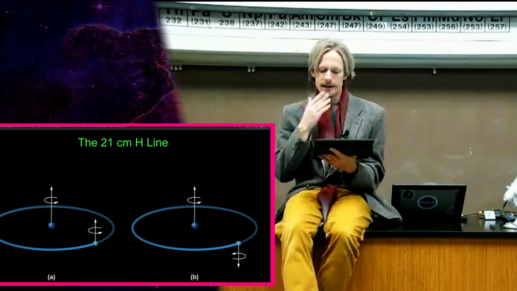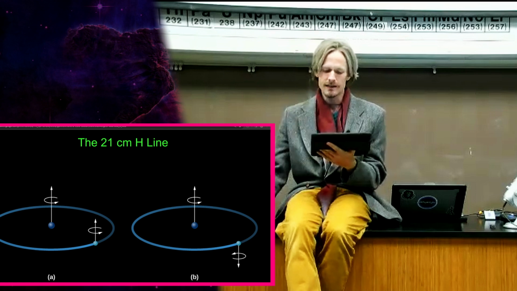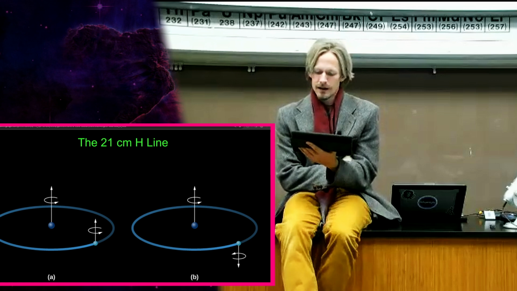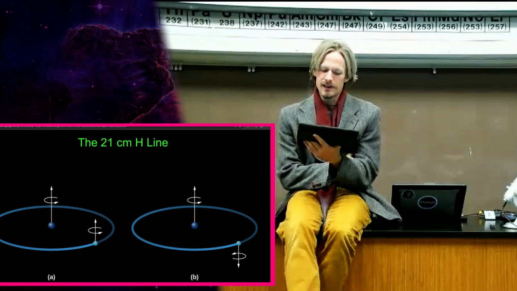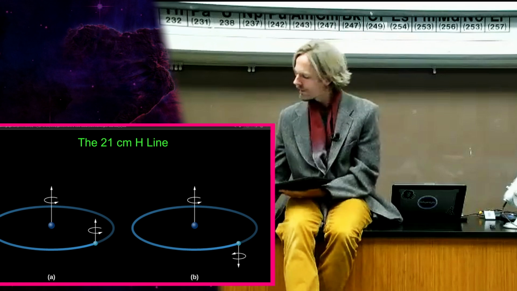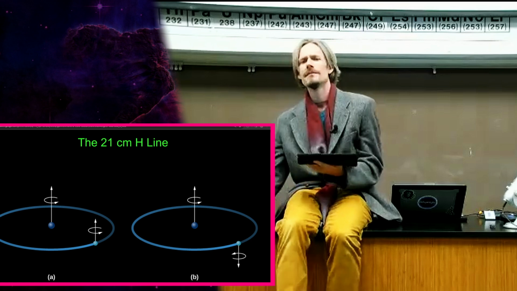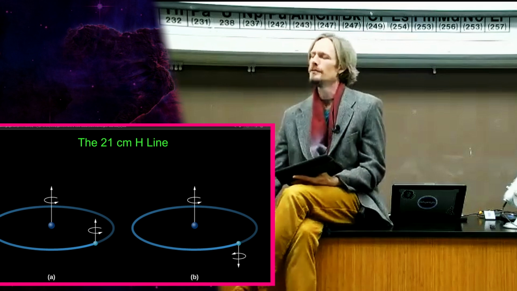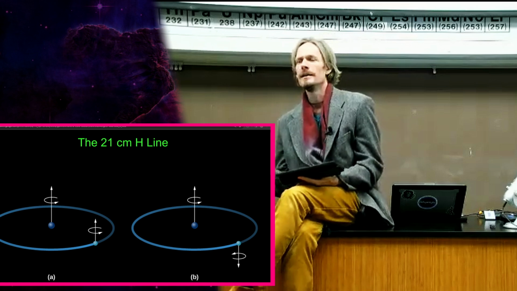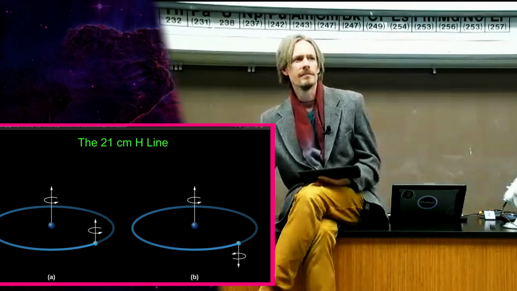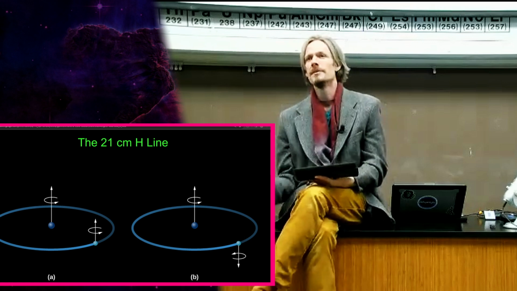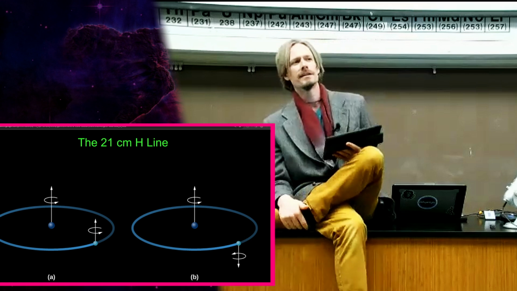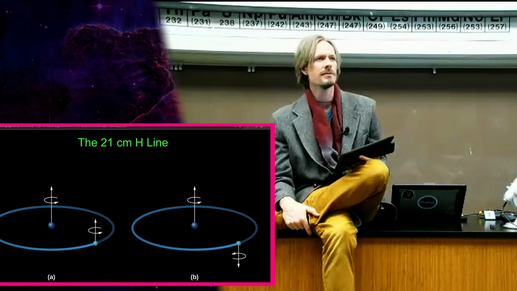There was this Dutch astronomer, still a grad student at the time, named de Hulst, and he was studying some of the quantum mechanical equations concerning spin, and he predicted that if you inverted the spin of an atom, if this were to happen in nature, it should be detectable as a really long wavelength change. The wavelength is actually 21 centimeters long, so it's called the 21 centimeter line.